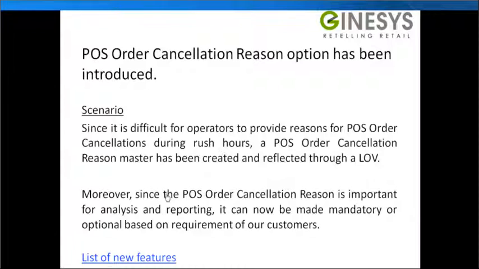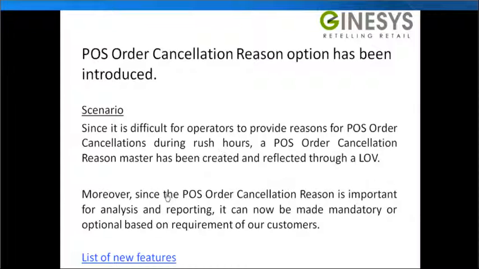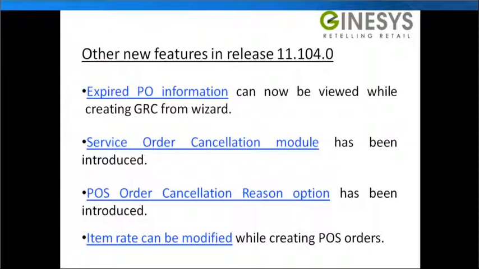Moreover, since the pause order cancellation reason is very important for analysis and reporting, it can now be made mandatory or optional based on your requirements. If you wish, you can make pause order cancellation reason mandatory. That means anytime a pause order is cancelled, the reason must be given by the operator.